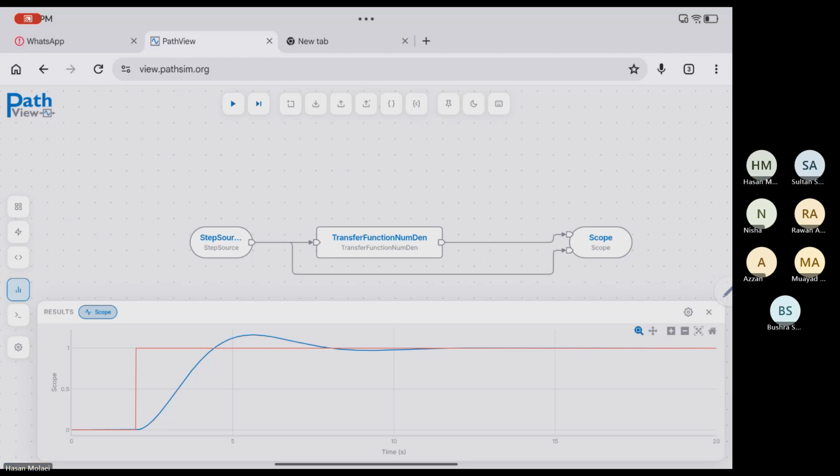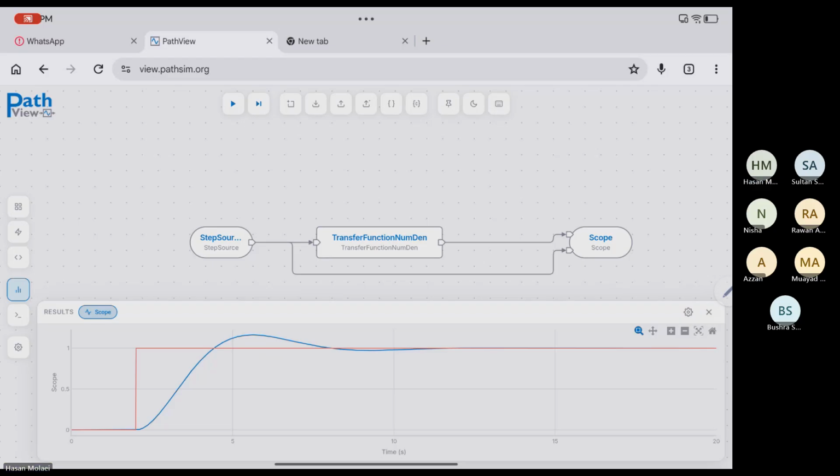Suppose I want to make this system slower. I want to omit the overshoot. What should I do? We should increase the damping factor or reduce? No, if we increase it, we'll have higher overshoot.